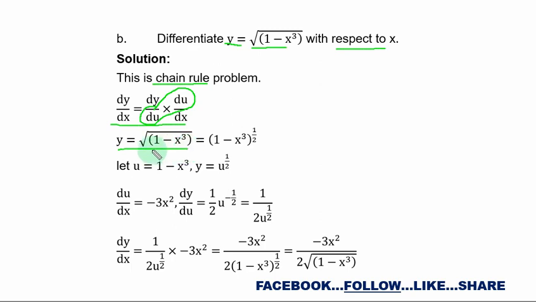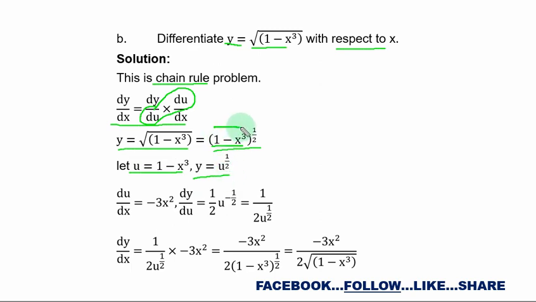Now let's convert the root to a power of 1 over 2. So the term inside the bracket is u. Let u equal 1 minus s cubed, so that y is equal to u to the power of 1 over 2.